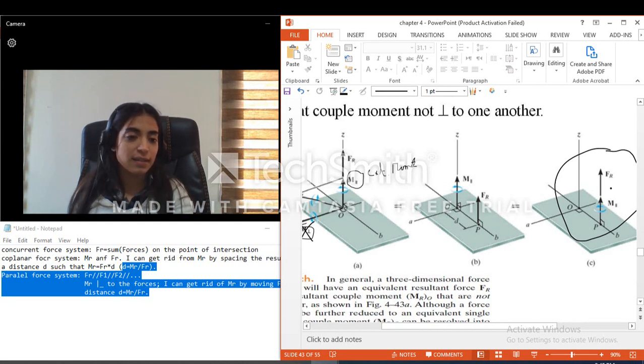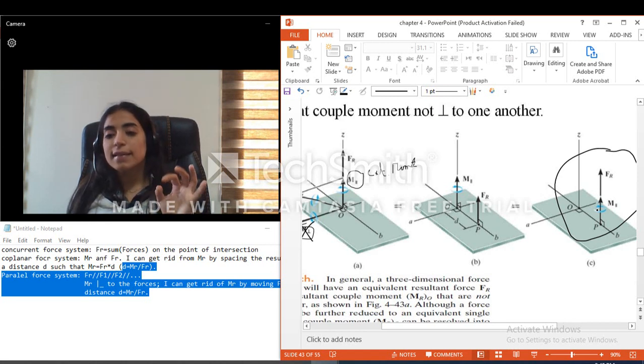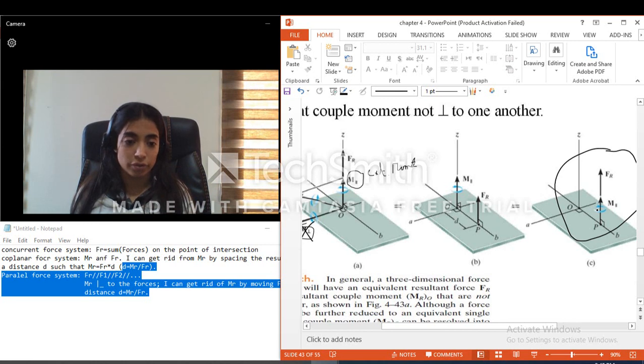In this case, guys, as you can see, I have moved FR by the distance D that is equal to M perpendicular over FR, and I can put this M that is external, which is parallel to FR, on any point on this body, because basically this is a free vector. It is achieved by a couple of forces, so I can put it here. Okay, so this is my MR and this is my force. This representation is called a wrench, and you will also use it in later courses.